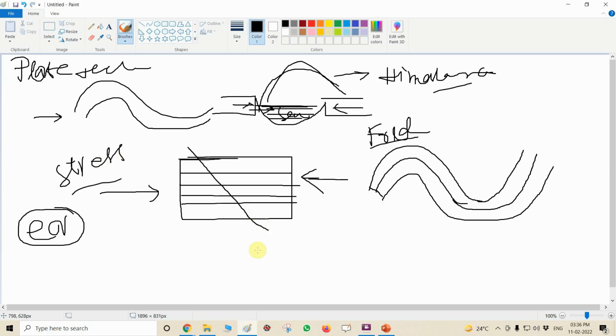So there will be a fracture. If you are vibrating something or giving a sudden stress to any rock structure, it will break, and that break will happen via a plane of weakness. Let's say the plane of weakness is this one. For some reason planes of weakness are developed, and this weak plane will act as a fault plane after the earthquake.